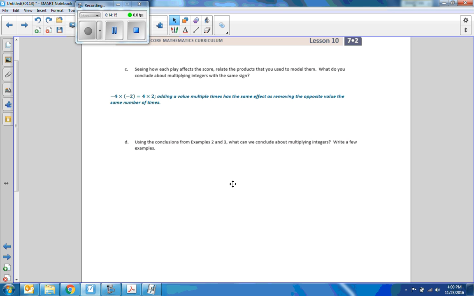So adding a value multiple times has the same effect as removing the opposite value the same number of times. In other words, a negative times a negative is positive. Positive times a positive is also positive.